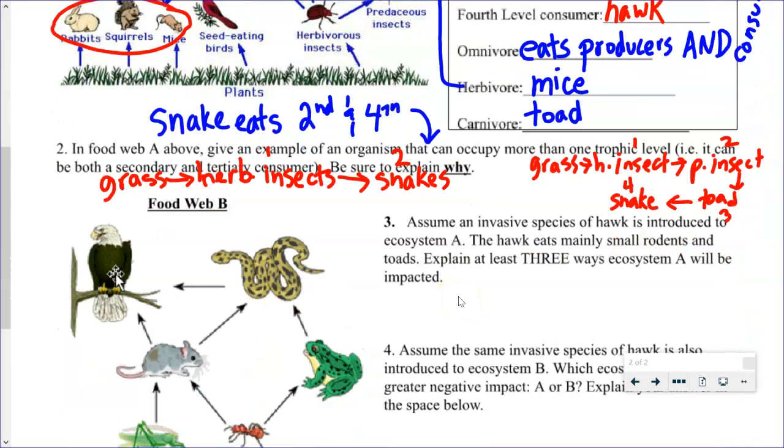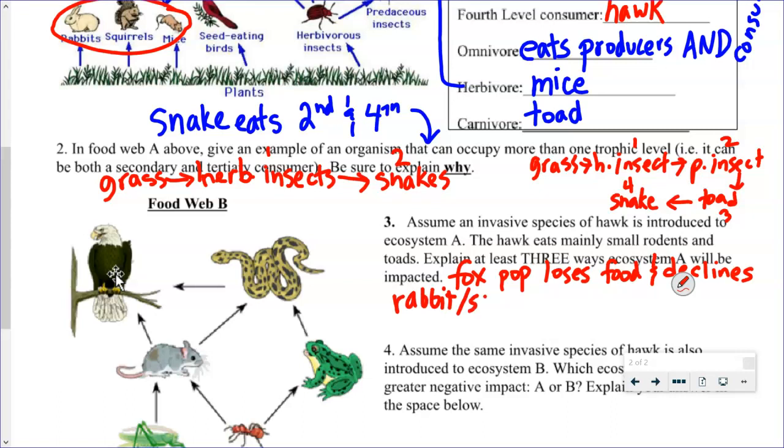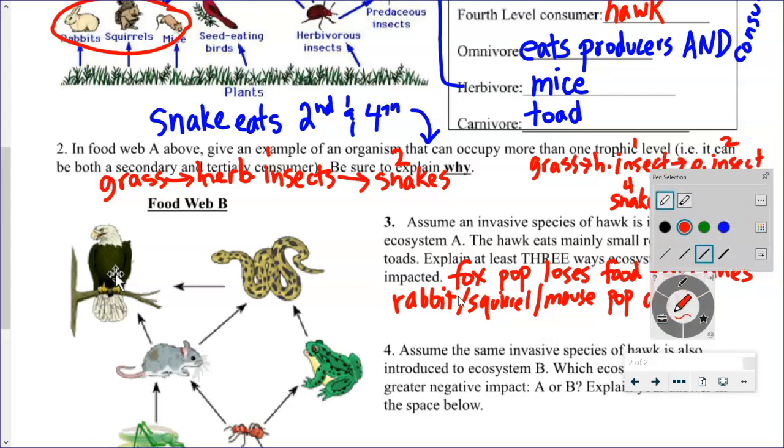Probably. So we could maybe make the prediction that the fox population loses some food and declines. Do you think maybe that rabbit, squirrel, and mouse population declines? If we have a whole new predator feeding on that level, right?